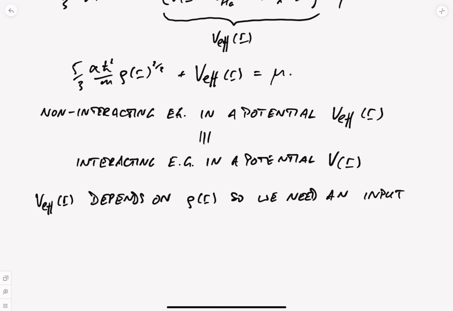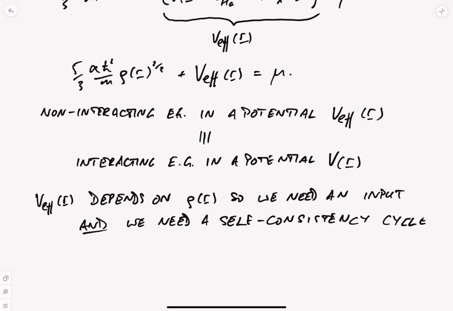So we need some kind of input, which in density functional calculations is generally given by a superposition of atomic densities. And we need a self-consistency cycle where we iterate backwards and forwards between the input charge density and the output charge density.